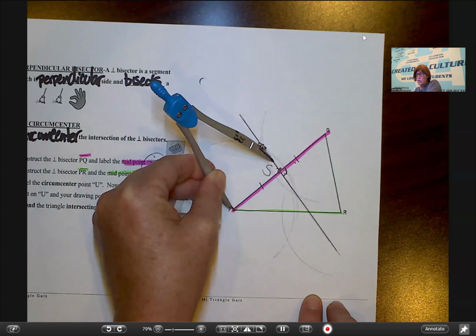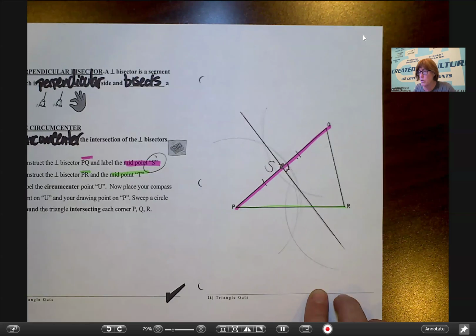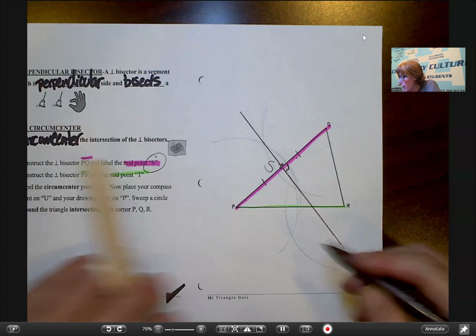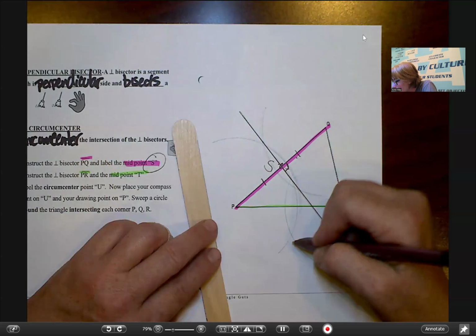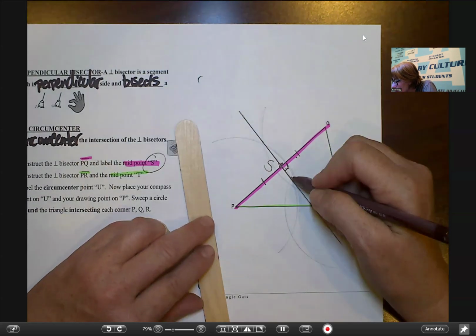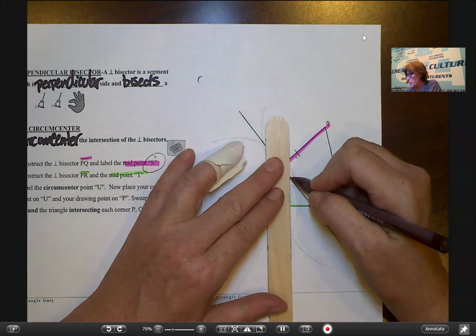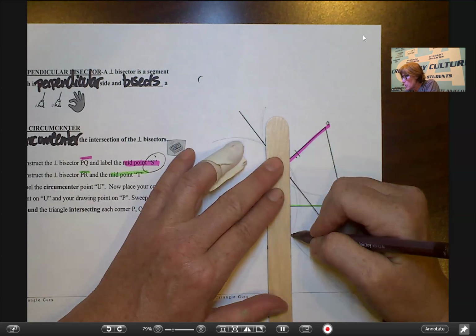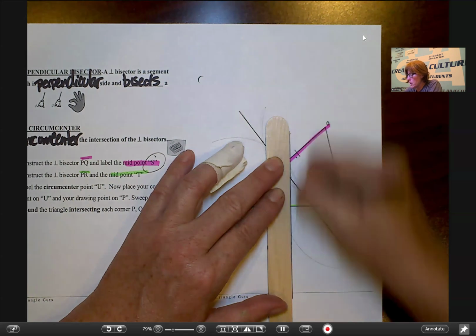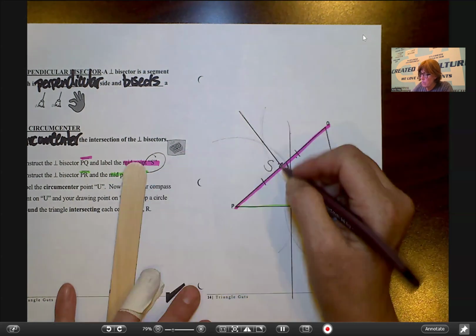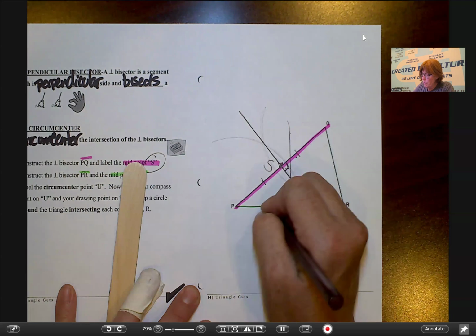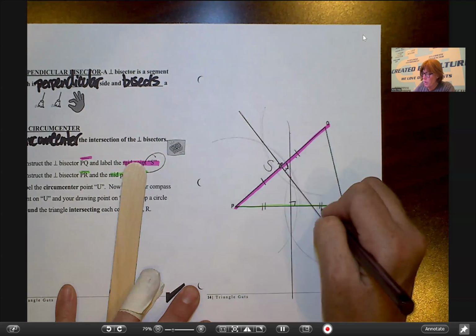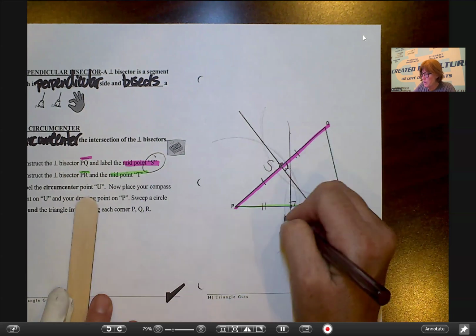Sweep. You're going to start getting some overlapping arcs there, so just be careful that your eyeballs catch the right intersection. Draw your perpendicular bisector all the way across. Right angle. Midpoint. That's going to be T.